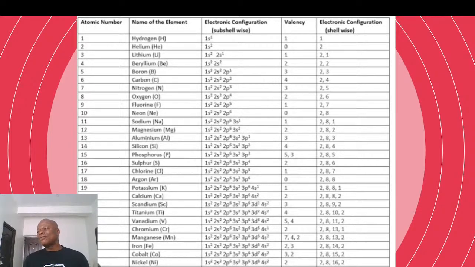Some elements have different valencies, which I'm going to explain later, but pay attention to the configuration. The K shell will have 2, the L shell will have 8, the M shell will have 5.